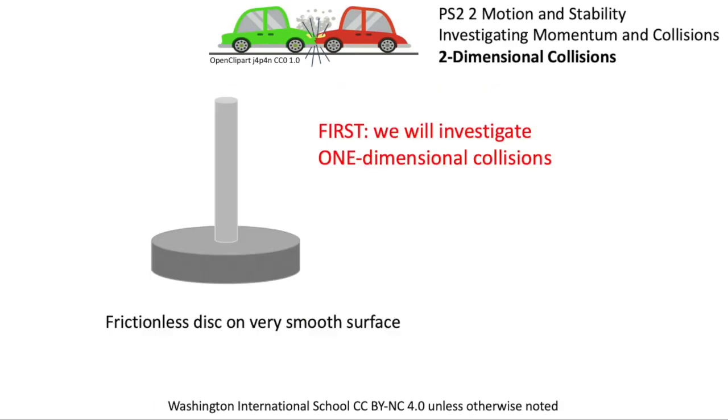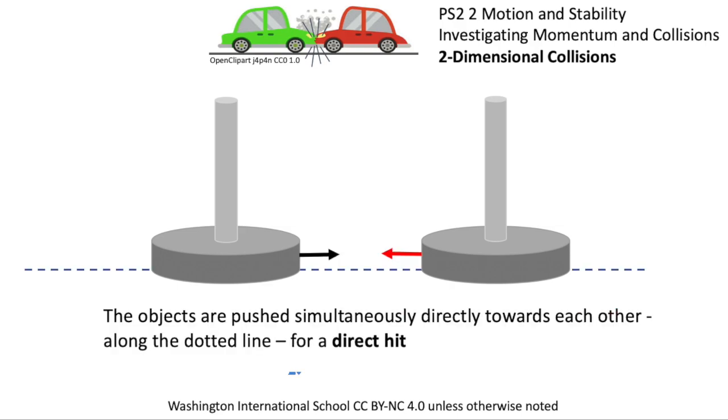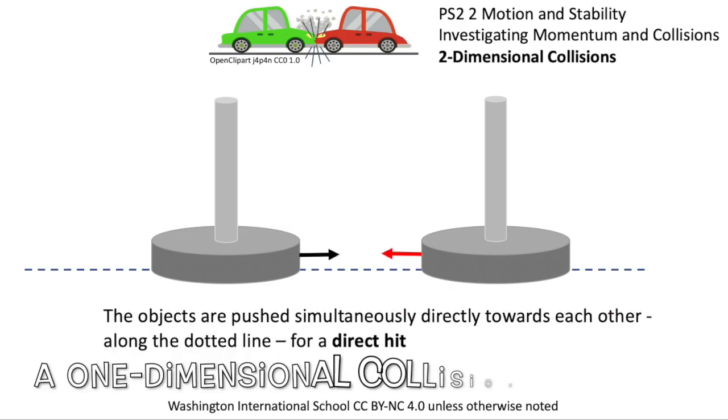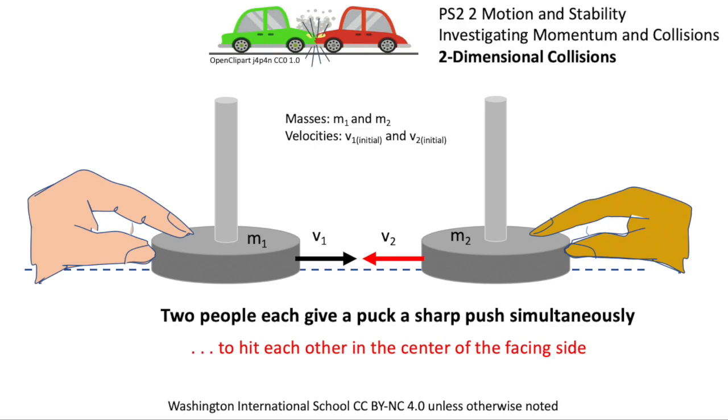But first we're going to start with one-dimensional collisions. In the image of a puck, there are going to be two pucks and both are on the same frictionless surface. The objects here are going to be pushed together simultaneously and along the dotted line so that it's going to be a direct hit.